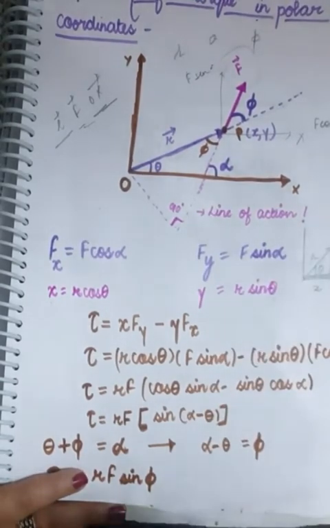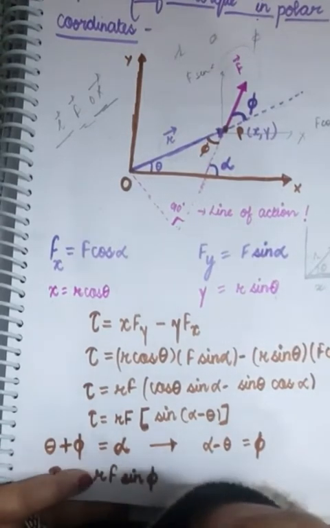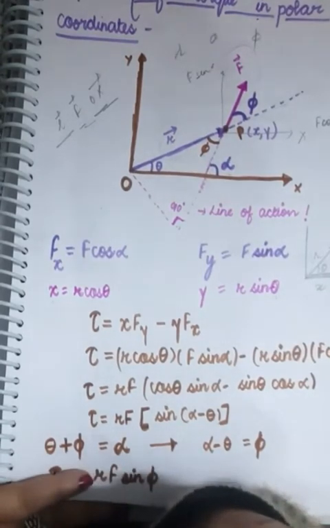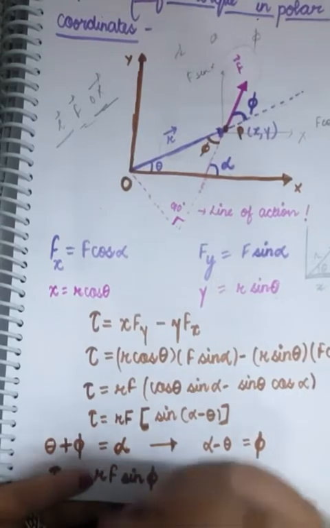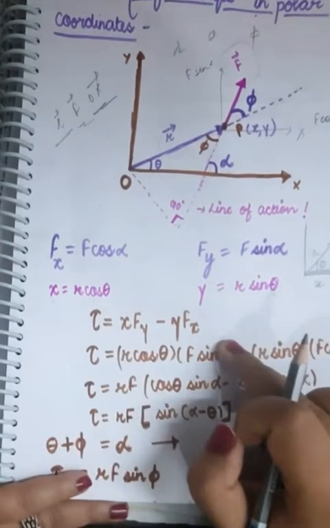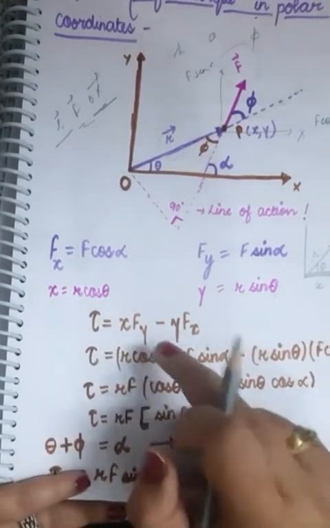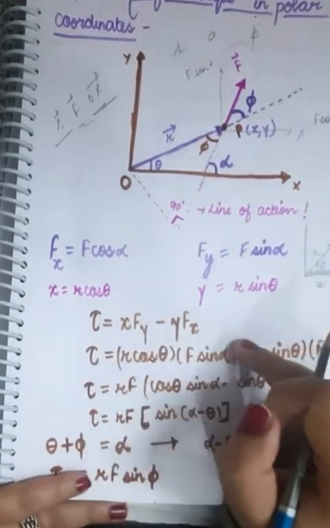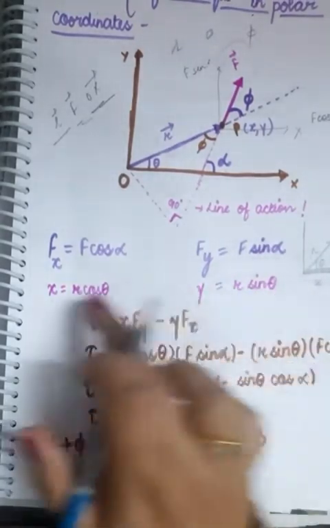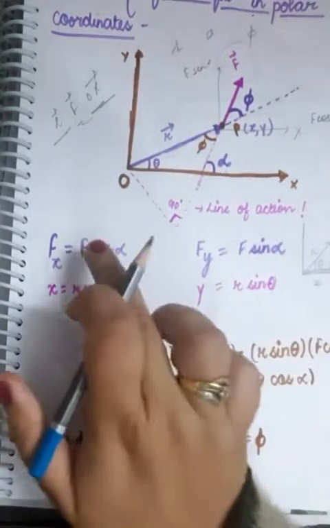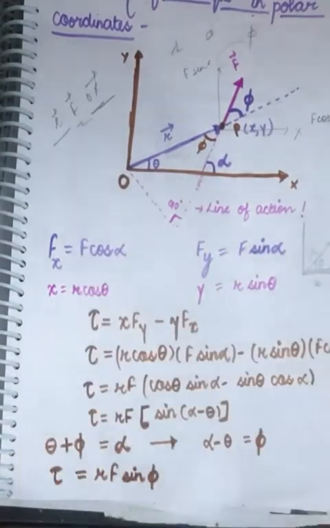From the previous derivation, where we had discussed the expression of torque in Cartesian coordinates, we derived this equation: tau equals x Fy minus y Fx. So just put the values of x and y from these two equations, and then put the values of Fx and Fy.